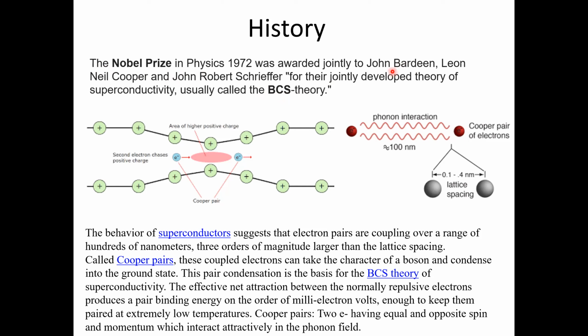B is from the last name of the first guy, John Bardeen. This is B here. And C is from Leon Neil Cooper. This is C. So look at this, Cooper. We'll use this word again. And John Robert Schrieffer. So this is S here.